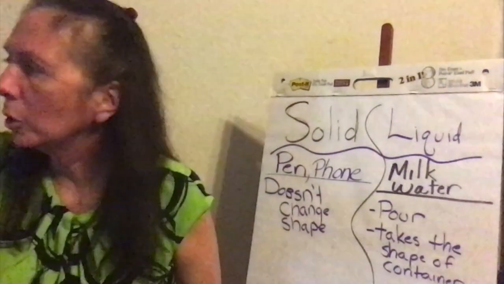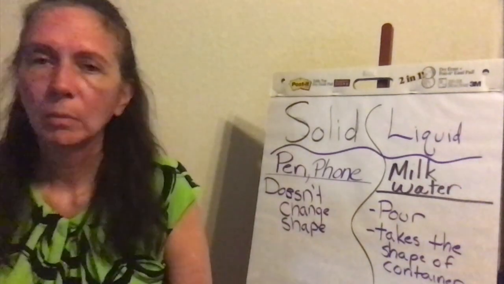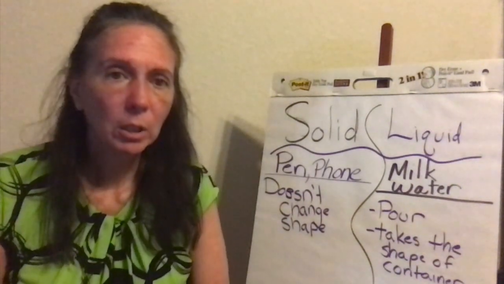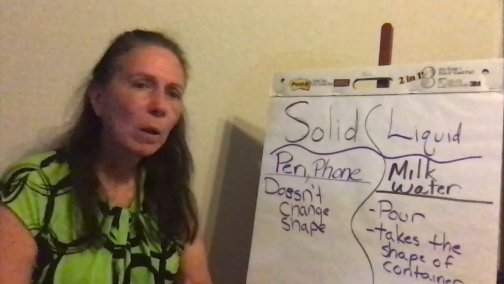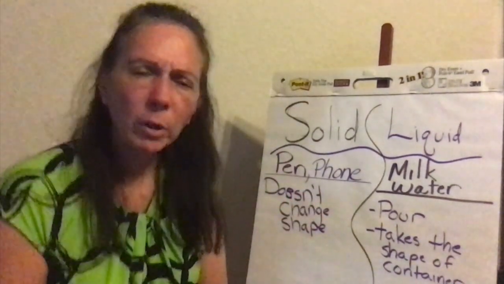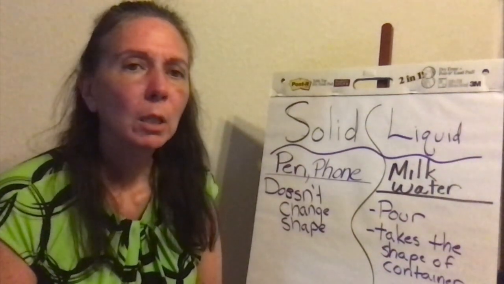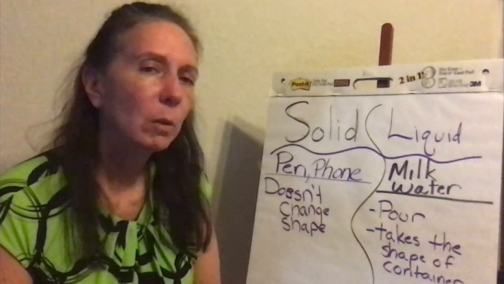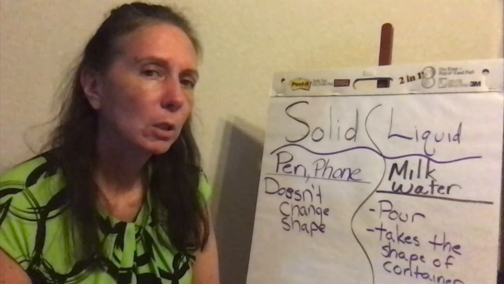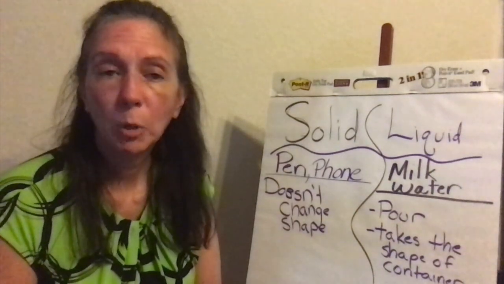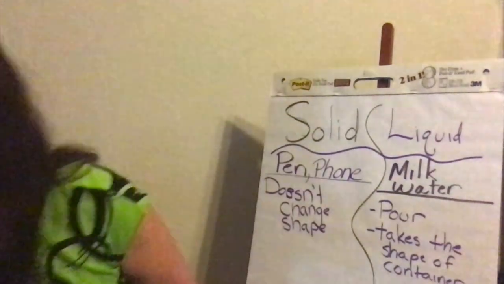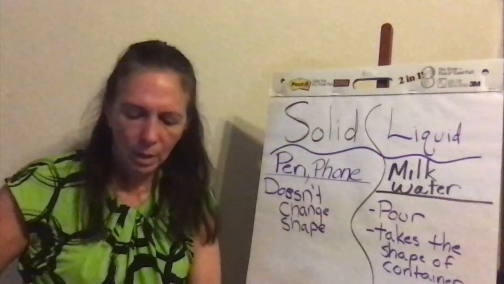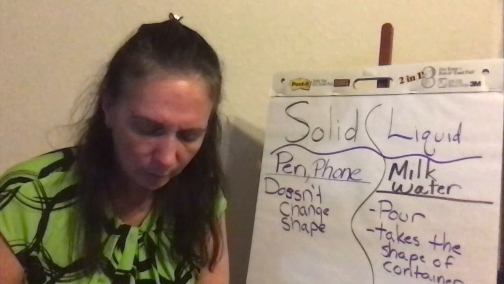If I were to add heat to something, if that was a solid, I wonder how it would change it. If I were to add heat to something that is a liquid, I wonder how it would change it. So we're going to try an experiment. Now that we know a little bit about solids and liquids, I'm going to take an ice cube.